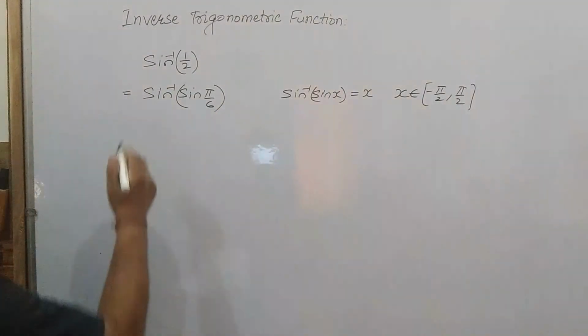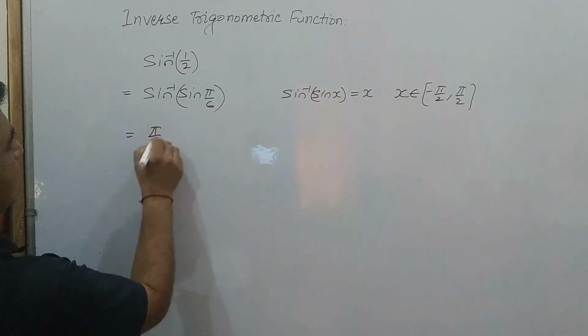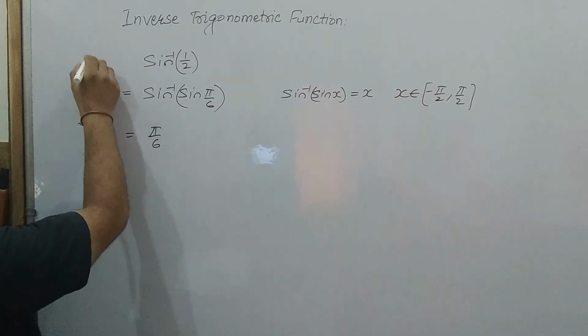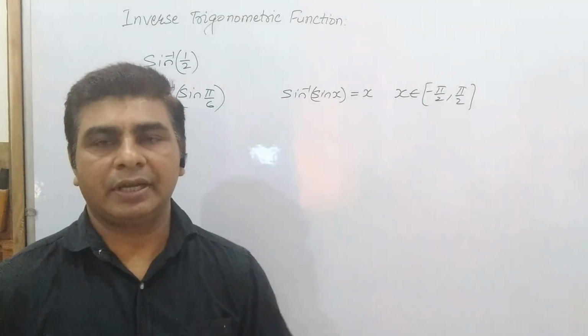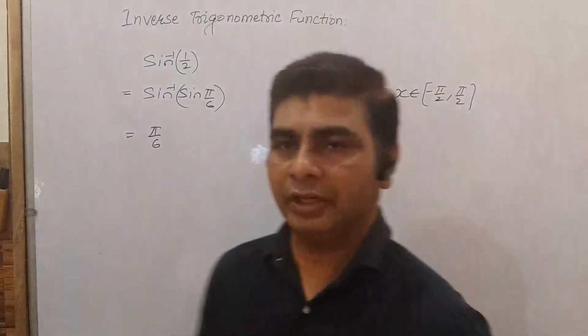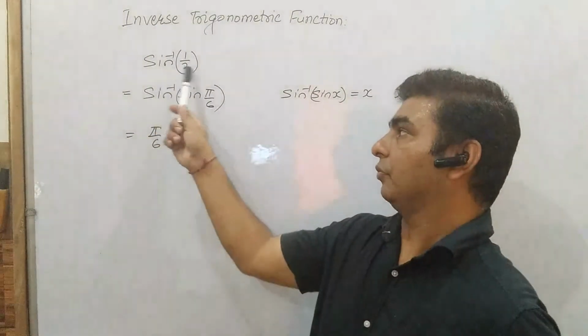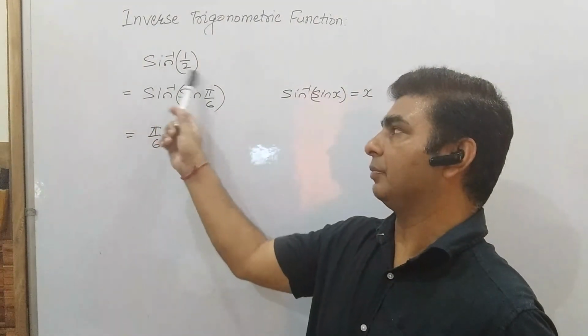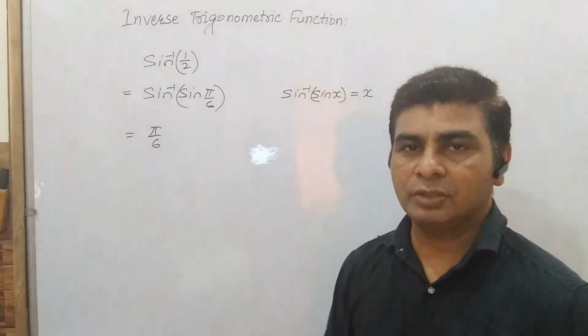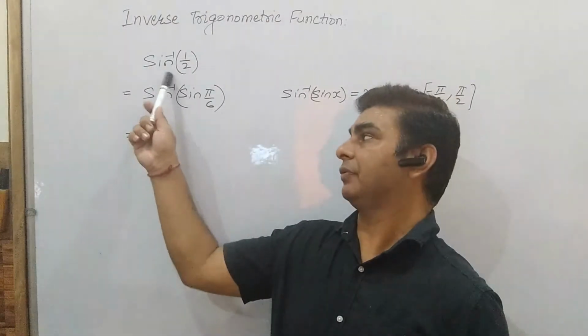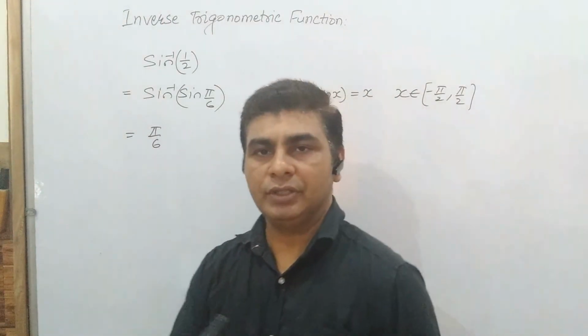So it can be written directly as pi by 6. This is not the first question, I am just taking an example to illustrate clearly. So the principal value branch of this inverse trigonometric function is pi by 6.